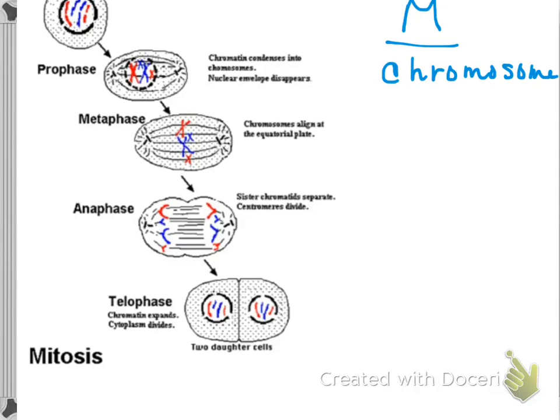So when a cell is getting ready to go through mitosis, we have chromosomes that are going to start becoming visible. This loose DNA is going to condense and coil and become these chromosomes, which look like this because the sister chromatids are attached to each other.